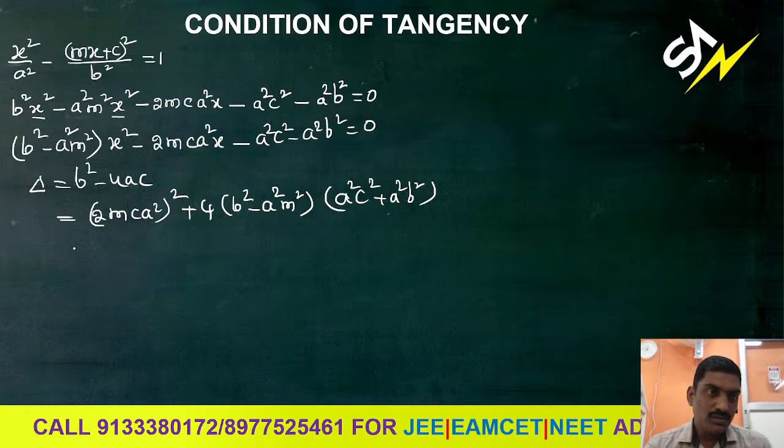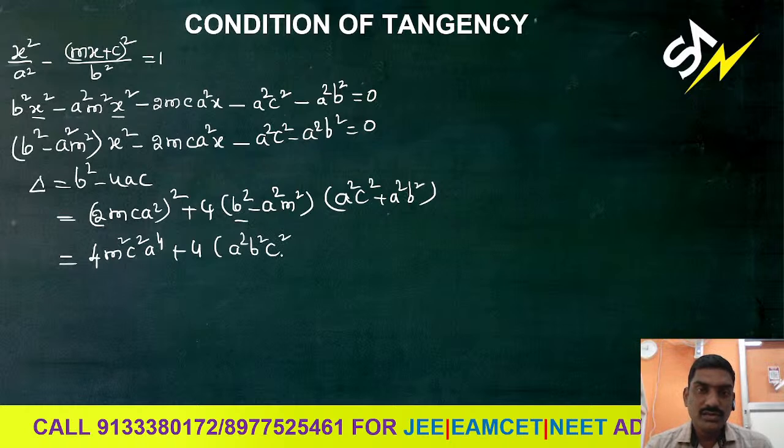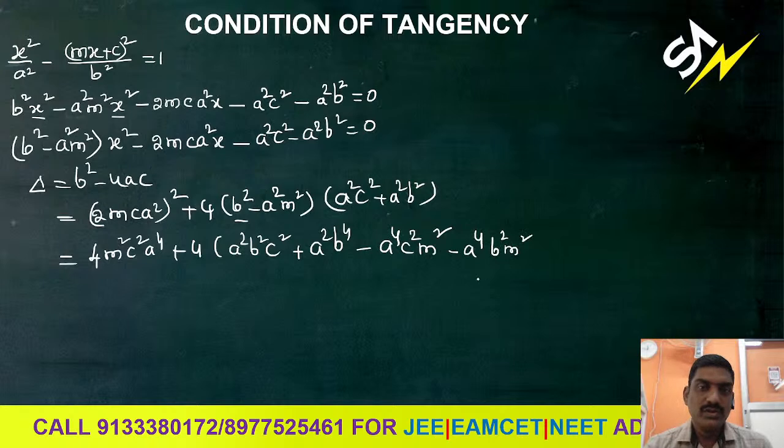Okay, now this would be 4 m square c square a power 4 plus 4 times b square into a square c square. This is a square b square c square. Next b square into a square b square, a square b to the power of 4, minus a to the power of 4 c square times m square. Next again minus a to the power of 4 b square times m square.